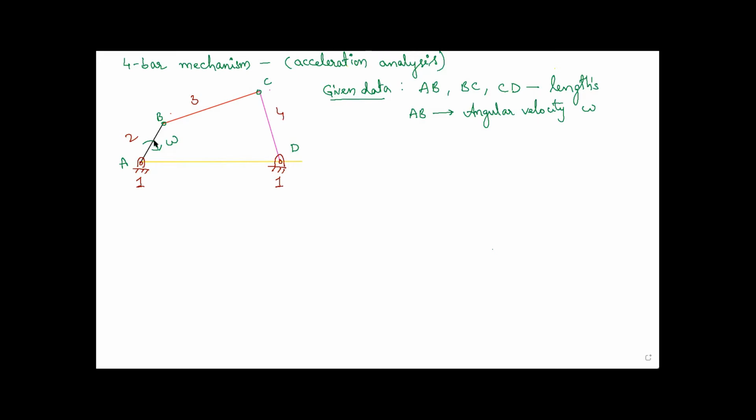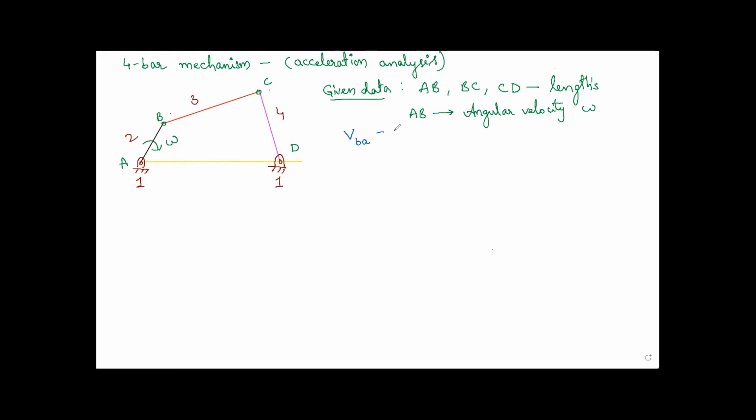So for link AB, to find out velocity, what is the first step we have to do? For link AB you first need the velocity of B with respect to A. Velocity can only be defined at a point, so I am defining it at point B, at that extreme position.